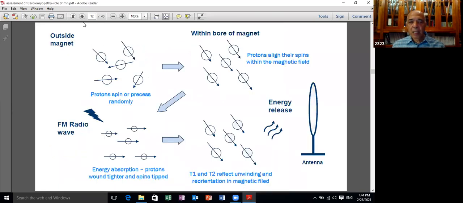Now how the MRI can identify tissue characterization. Let us take a simplified overview of how the MRI works. If you are sitting in the room, then your protons or the hydrogen ions are spinning around themselves in different directions. But if you go into the pore of the magnet, by the way, there is no magnet.